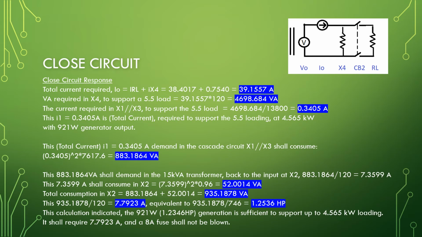4,698.684 divided by 13,800 equal to 0.3405 ampere. This I1 equal to 0.3405 ampere is total current required to support the 5.5 loading at 4.565 kilowatt with 921 watt generator output.